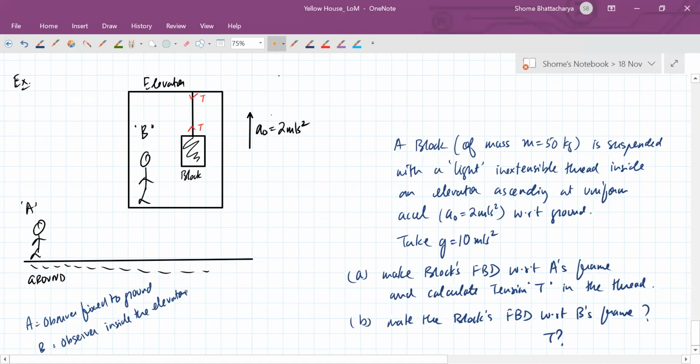Okay, try this out, people. The moment you make the free body diagram, okay, be sure to incorporate the concept of pseudo force that we've discussed if you are in the non-inertial frame, and you will see that that will give you the correct result as far as tension is concerned.